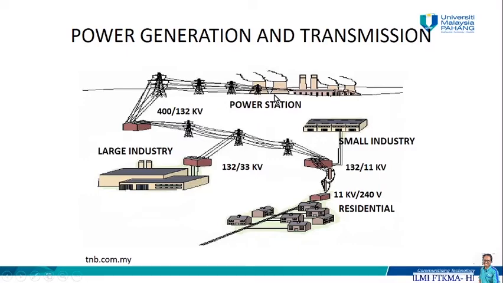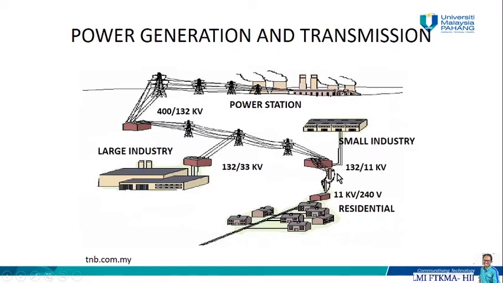So from the power station, it is 400 kilovolt, where we have a station here that is going to step down the voltage to 130 kilovolt, where the electricity is going to be transmitted to different areas. One part is for the industry, where they are going to use 33 kilovolt of voltage. But for small industry, they are going to use 11 kilovolt.